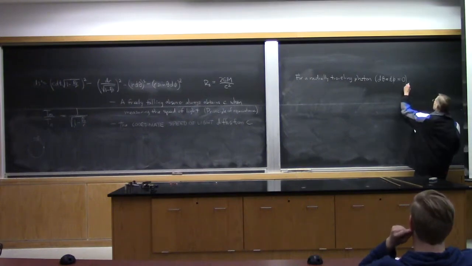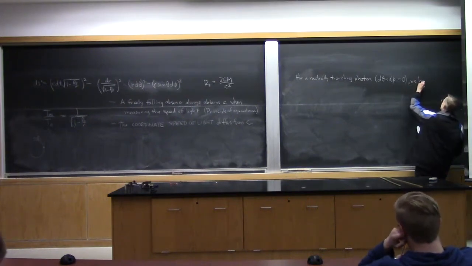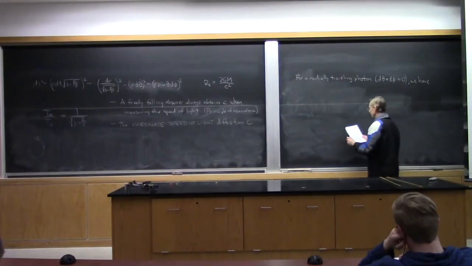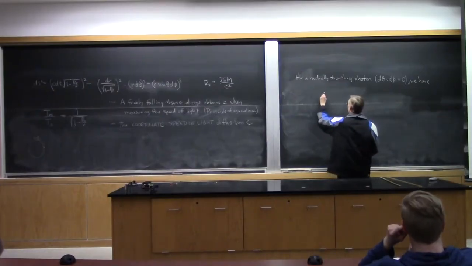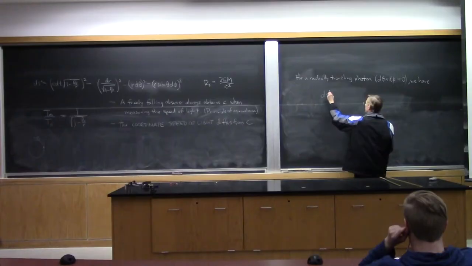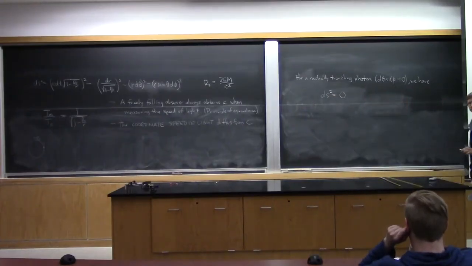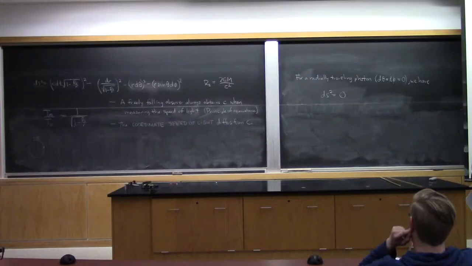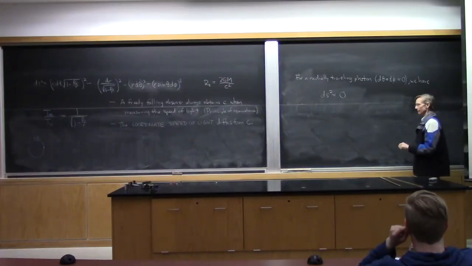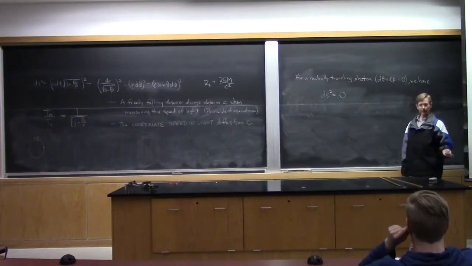We have that ds squared equals 0. It's equal to 0 because remember that photons travel along null geodesics, ones where the proper time elapsed is equal to 0, and ds squared is related to the proper time, right?